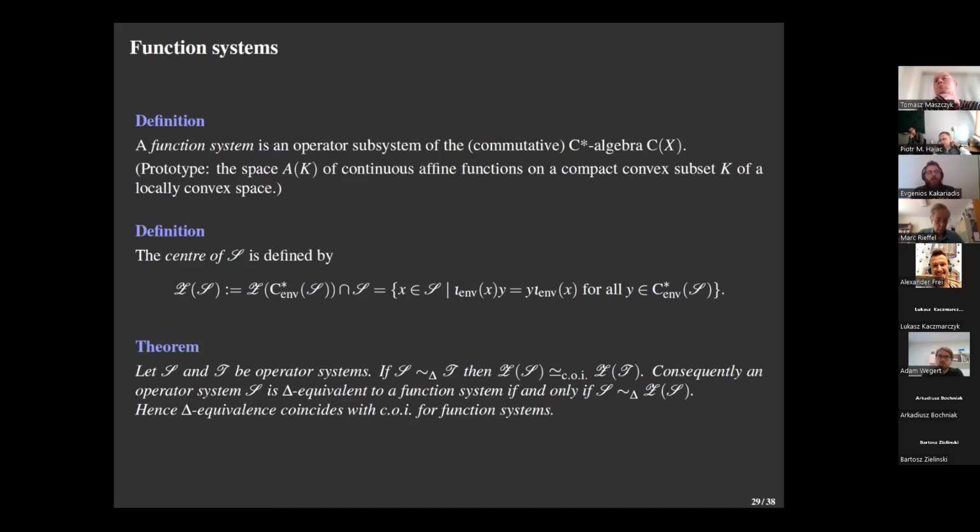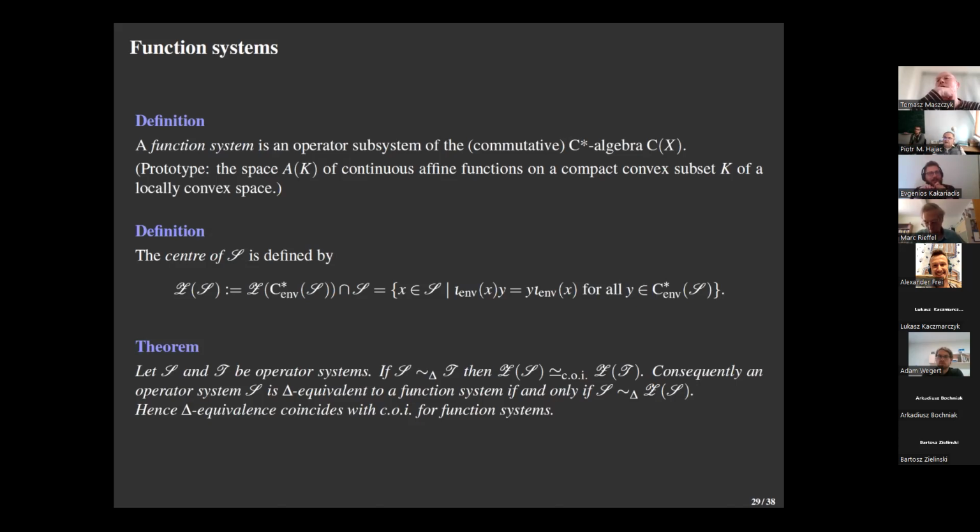We checked a couple of examples, and on one hand we have the function systems, which is one extreme, and on the other extreme the rigid systems, and they give you different pictures. We are in the process of understanding what it means to be delta equivalent when you fix one of them to live in a class. But perhaps I shouldn't say more because it's something in progress.